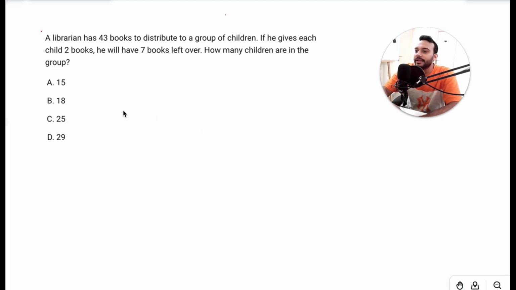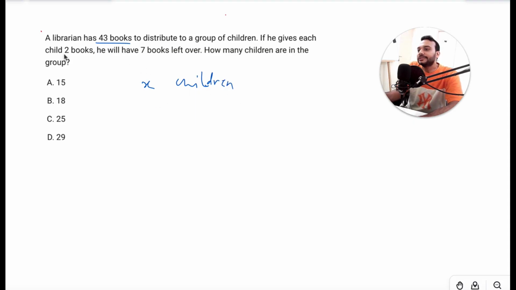A librarian has 43 books to distribute to a group of children. If he gives each child 2 books, he will have 7 books left over. How many children are there in the group? So total books 43. He is distributing to a group of children where each child receives 2 books. Let's say there are x children in the group.